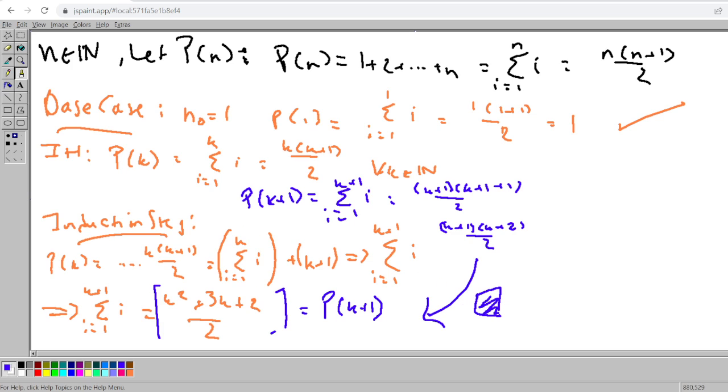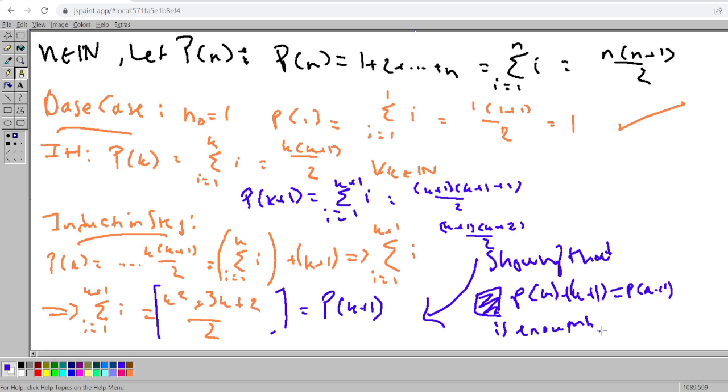We're done here. Basically showing that P(k) implies P(k plus 1) is enough. Most of the time, don't take my word on it. Most of the time we're done.